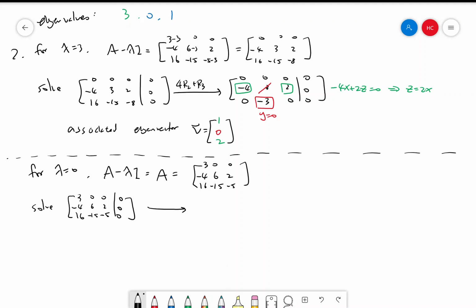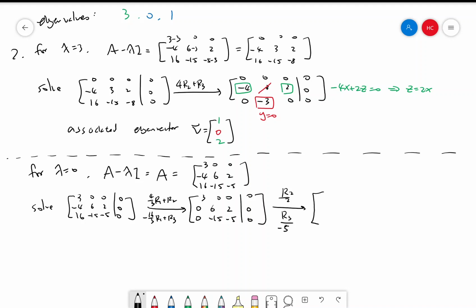So let's do 3R2 plus... that is, 4R1 plus 3R2, and negative 16 over 3 R1 plus R3. The goal is to remove the negative 4 and 16. And then we divide the second row by 2 and divide the third row by negative 5. So we get this.